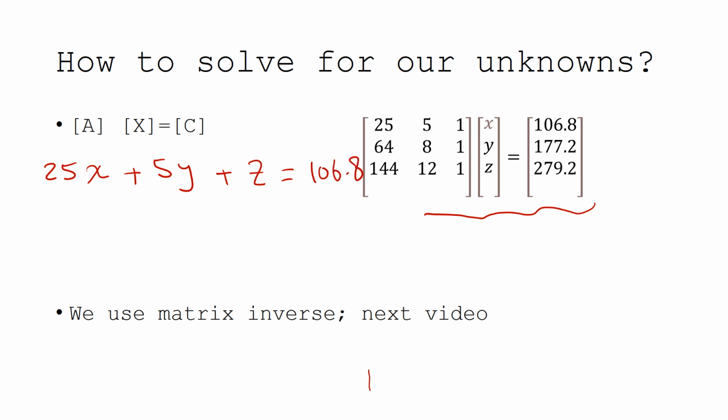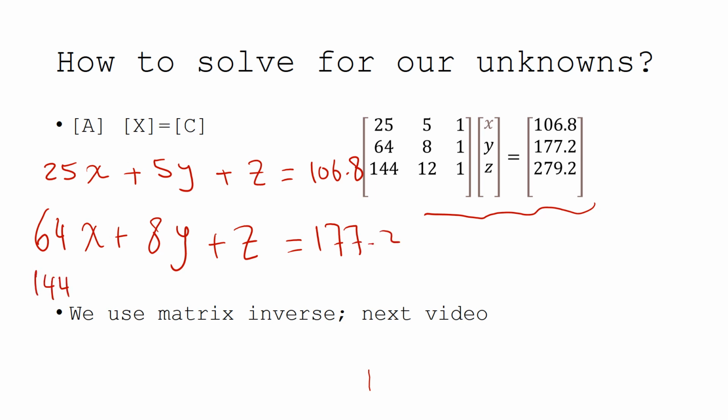I can do the same with the second row. This will give me the second equation, 64x plus 8y plus z equals 177.2. And the third row gives me the third equation, 144x plus 12y plus z equals 279.2.